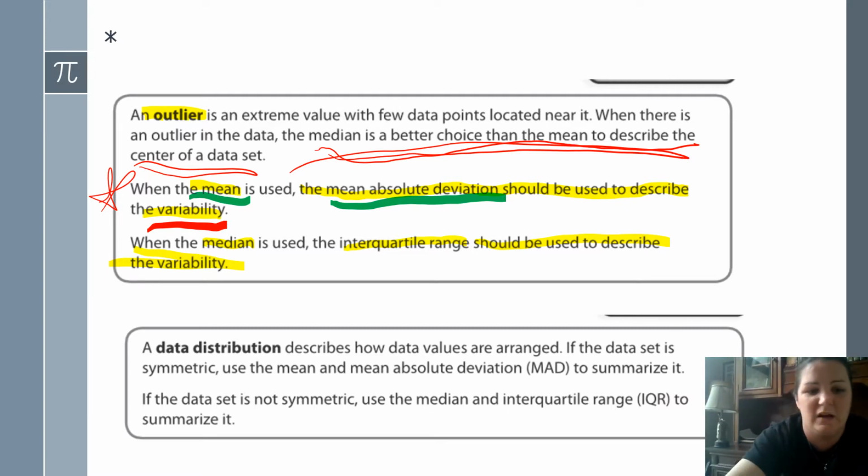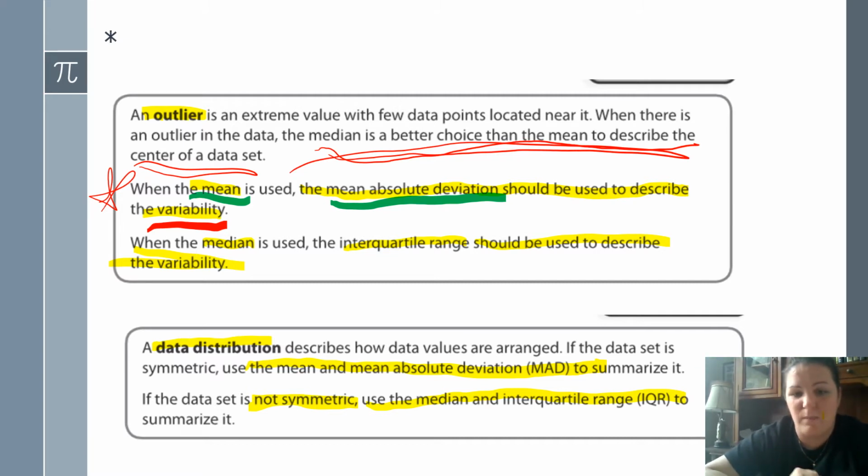And then down here, data distribution describes how data values are arranged. If the data set is symmetric, use the mean and the mean absolute deviation. If the data set is not symmetric, you're going to be using the median and the interquartile range to summarize it. So mean always goes with MAD, and the median is always with the interquartile range.